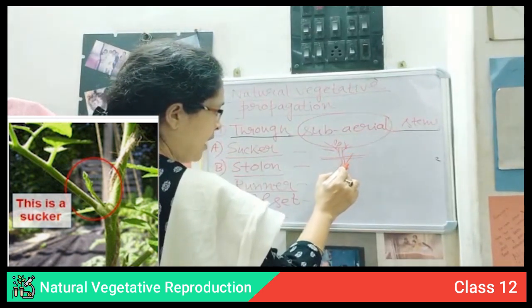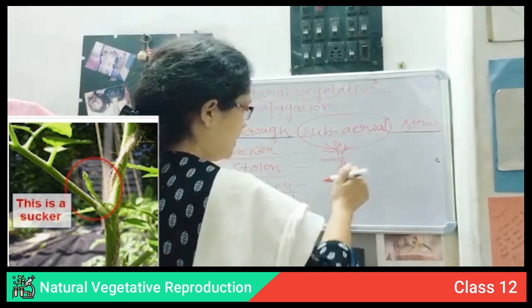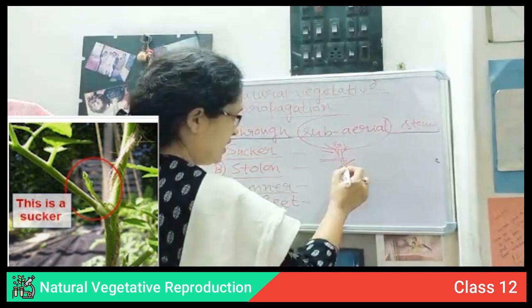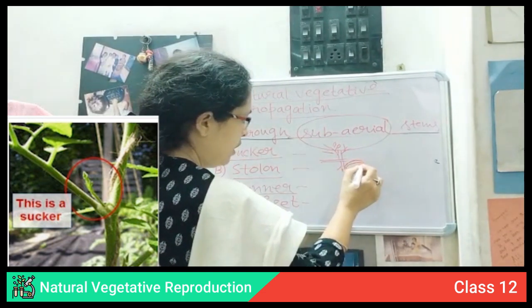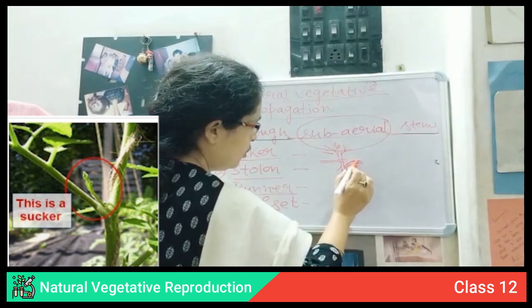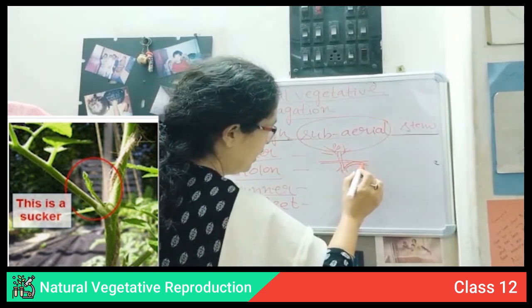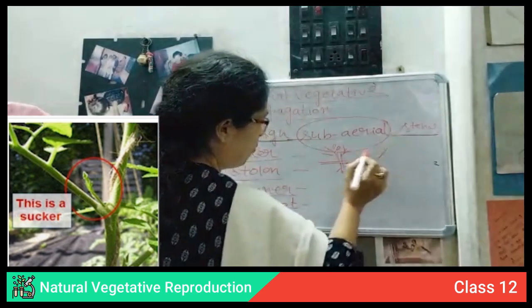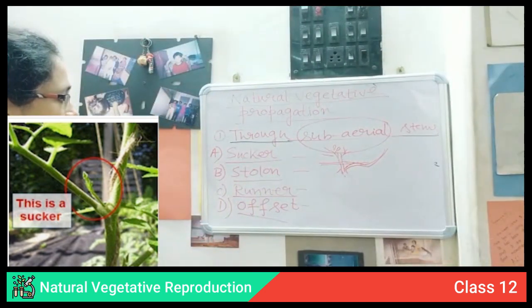That stem has an axillary bud. Now the branch at first grows horizontally to the ground and suddenly it grows obliquely upwards. Okay, this is the example of sucker.